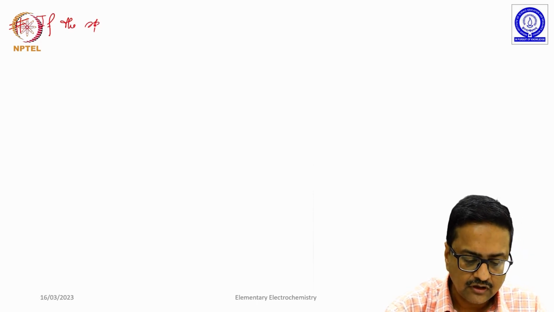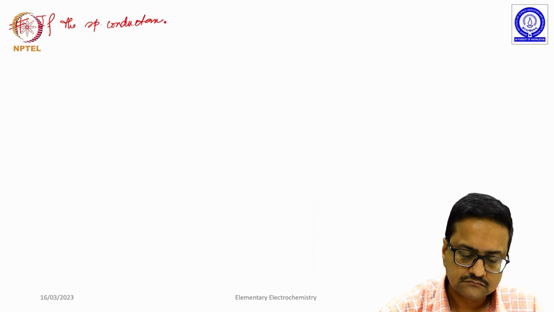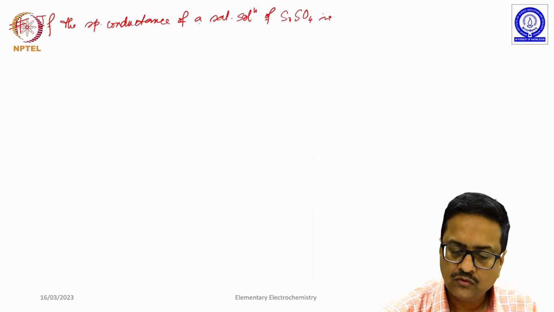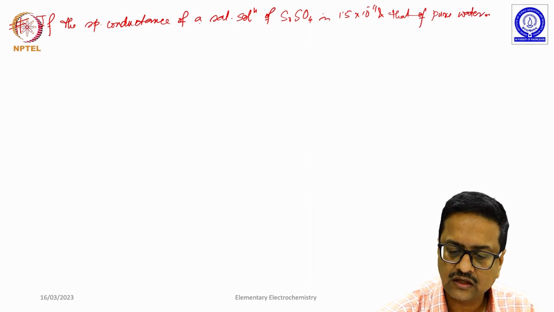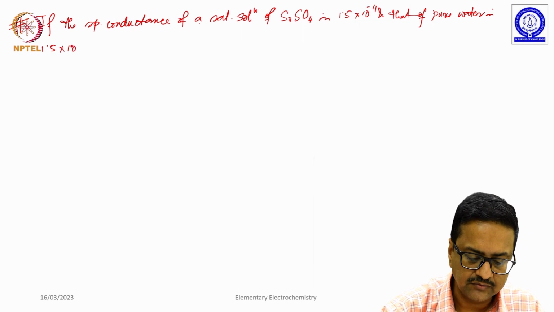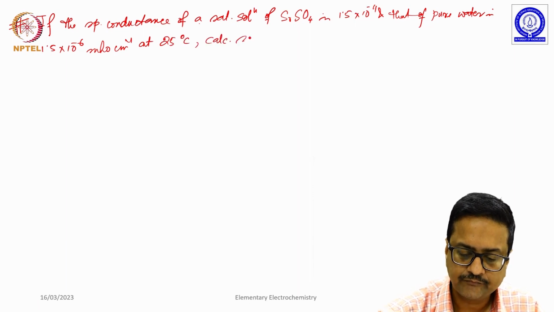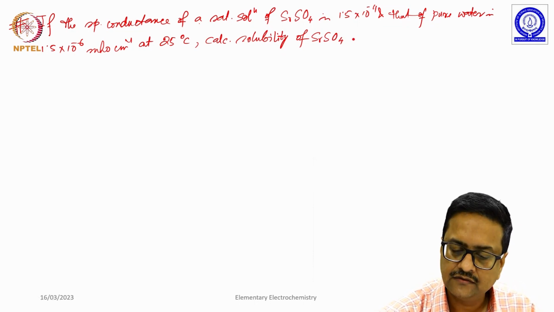If the specific conductance of a saturated solution of strontium sulfate is 1.5 into 10 to the power minus 4 and that of pure water is 1.5 into 10 to the power minus 6 mho centimeter inverse, then at 25 degree centigrade calculate solubility of SrSO4 in grams per liter unit.